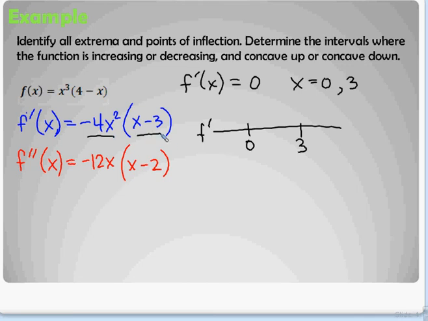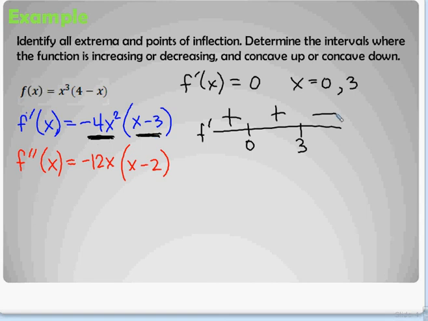Okay, so what's nice about this is right off the bat I can tell that this right here is going to result in a shelf point because it's increasing and then increasing. Whereas this one right here, because we're changing from increasing to decreasing, that spot x equals 3 would result in a maximum. So we would have, I'm just going to write this over here, an absolute max.